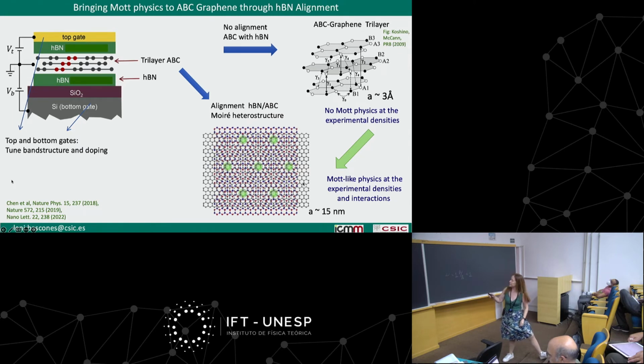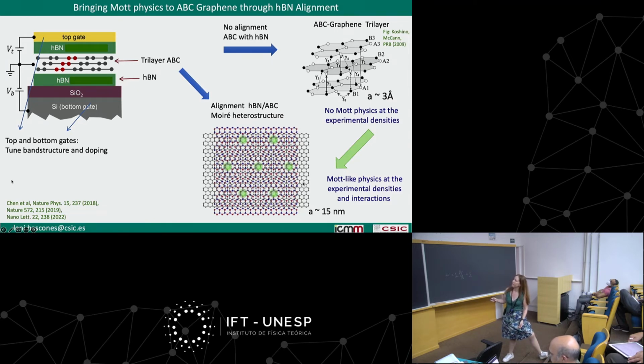In this trilayer, the unit cell is very small, so the doping will be very, very small. This means that we are not expecting to have Mott physics, which I have told you is associated with integer fillings. We don't expect to have that in the system.